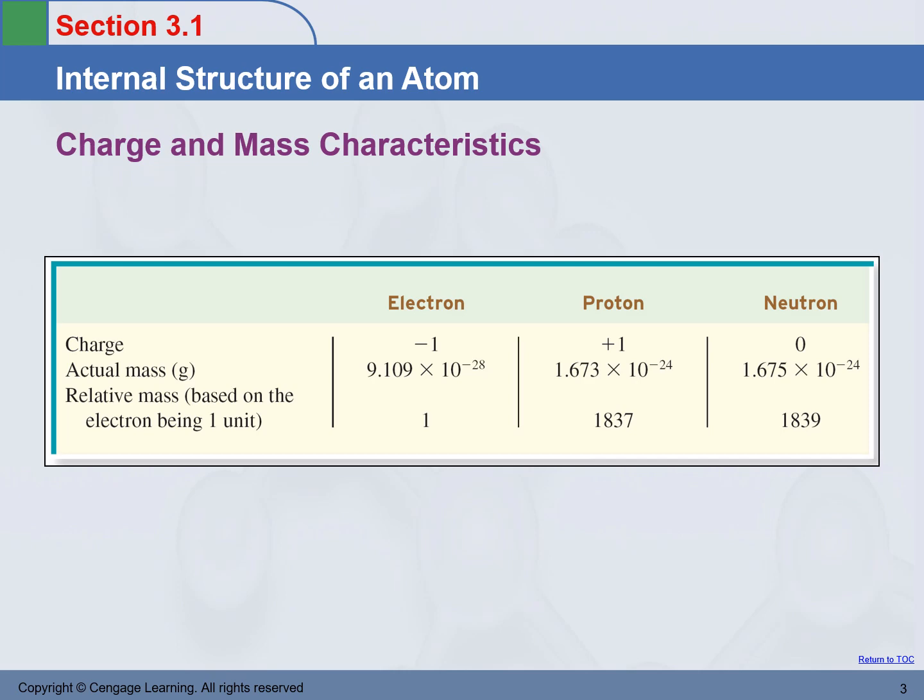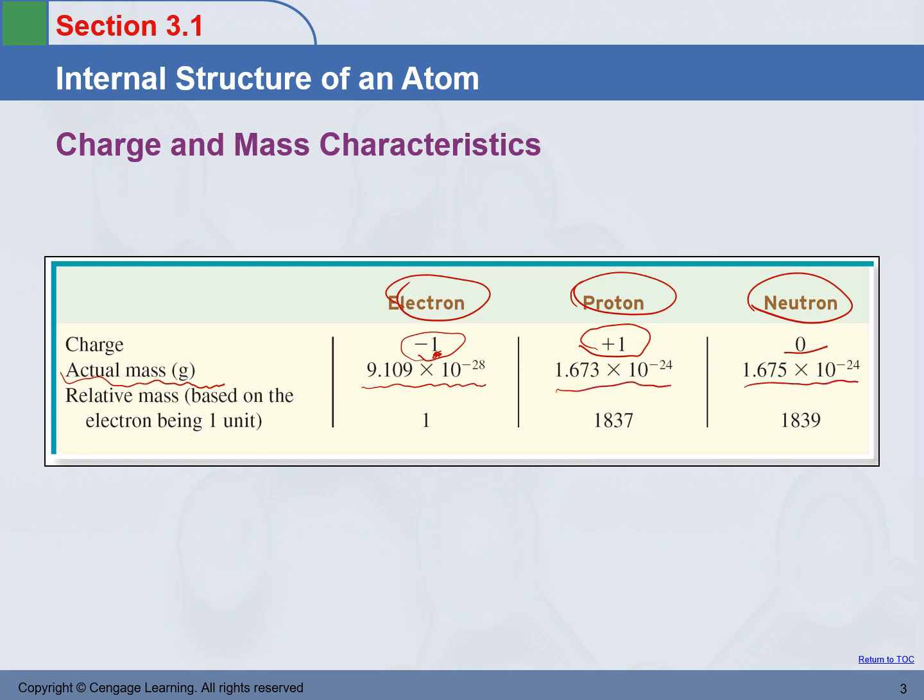Some facts about electron, proton, neutron are summarized in this table. The first row is charge. If the amount of charge carried by an electron is specified as 1, then electron is -1, proton is +1, neutron no charge. Then the actual mass is written in scientific notation. Those are very small numbers. If it's not easy to visualize the difference among the masses of the 3, let's look at their relative masses.